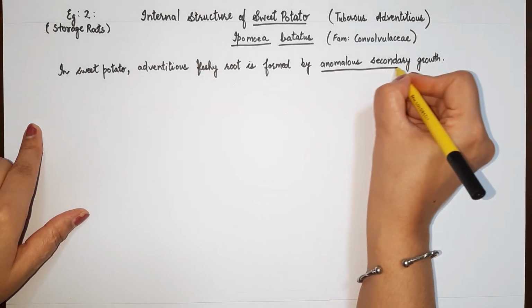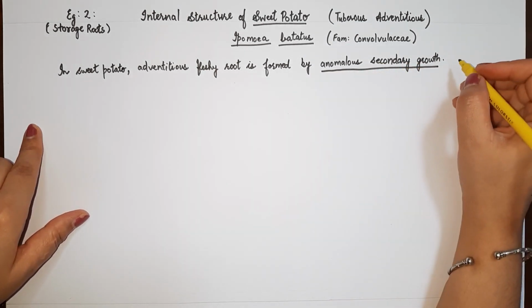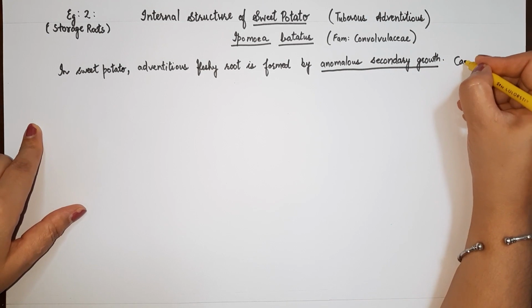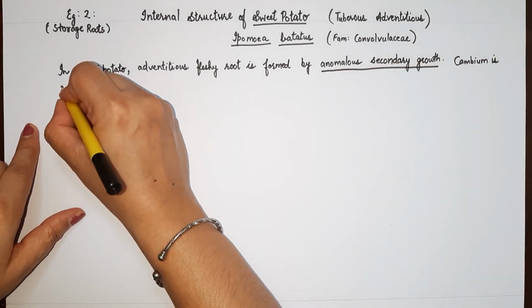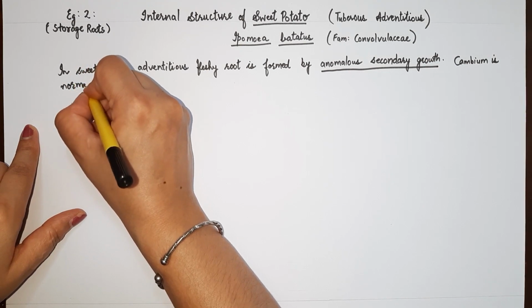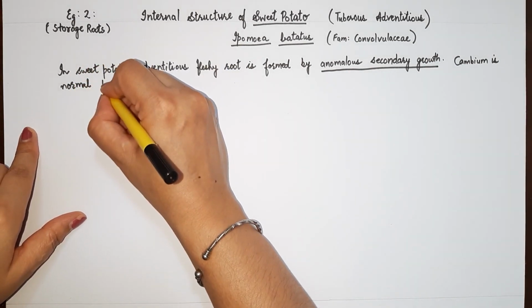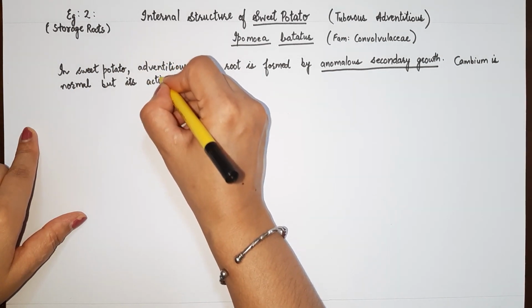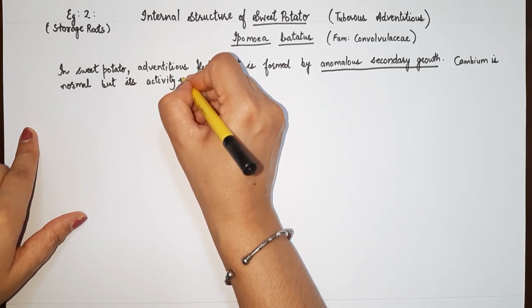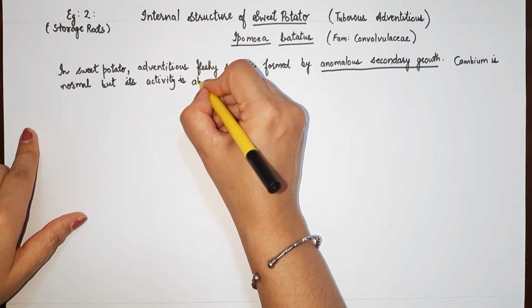So, the secondary growth is anomalous here as well. Cambium is normal, but its activity is abnormal.